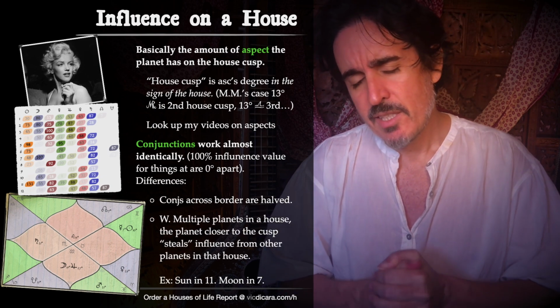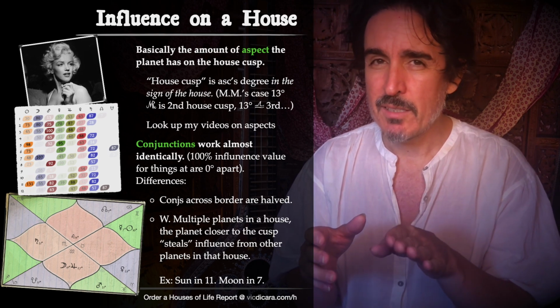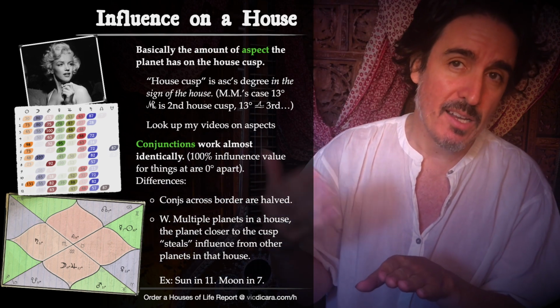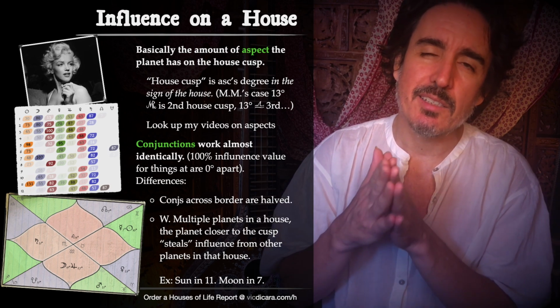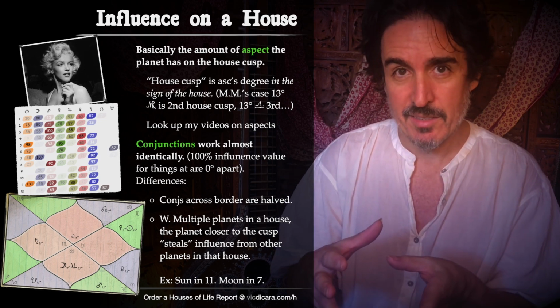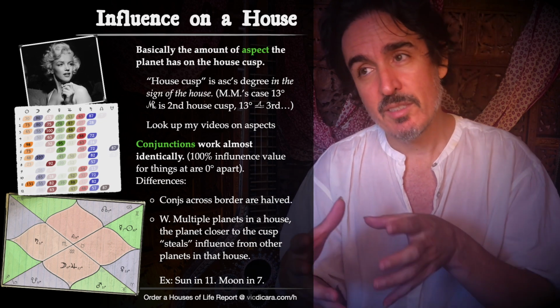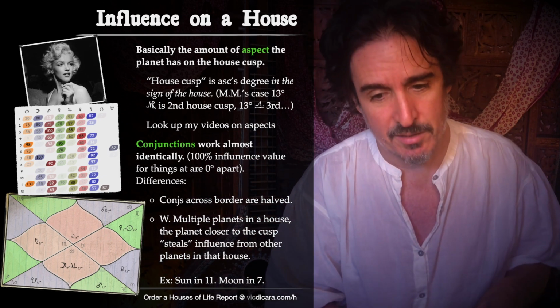And there's something interesting that happens when you have multiple planets conjoining one point, which doesn't happen if multiple planets are aspecting the point. What happens is the planet that is the closest to the point dominates the conjunction. So it steals or takes influence from the other planets.